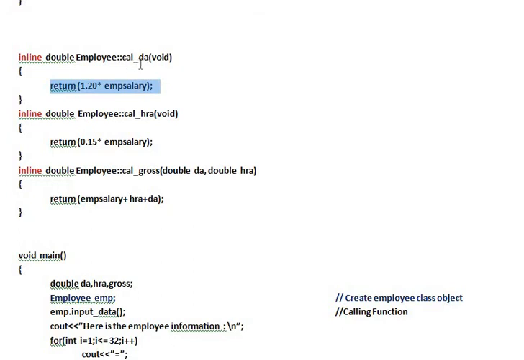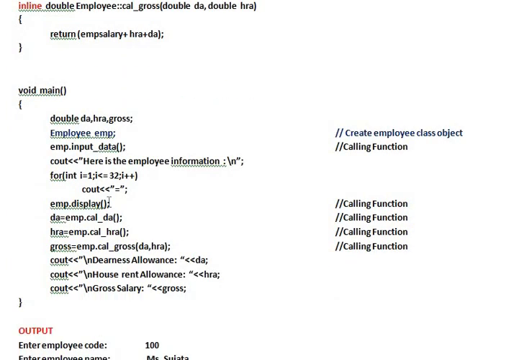So the best way to treat a member function as inline is by reducing the number of lines of code inside its function body. If you minimize the lines of code inside its function body, then the compiler is sure to accept the member function as inline, and in that case the code inside the function body shall be directly substituted into the calling function, which is present here inside this main function.